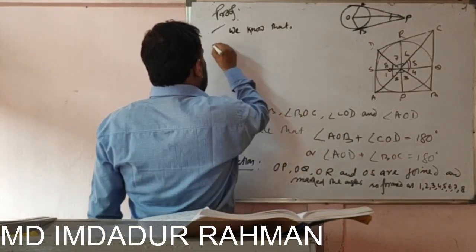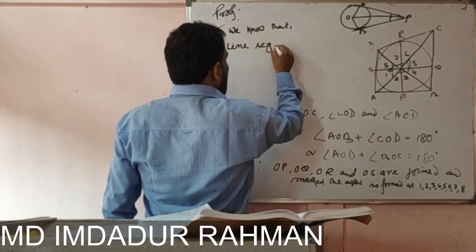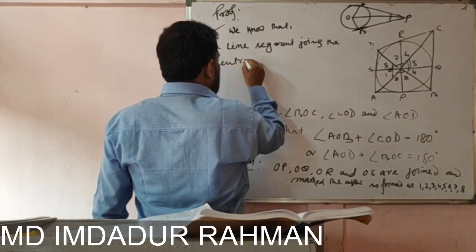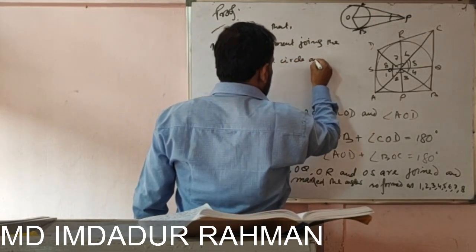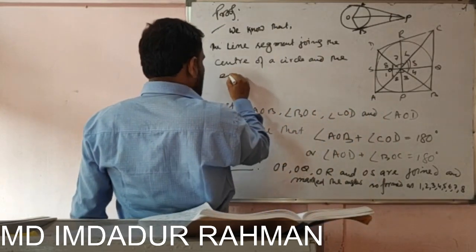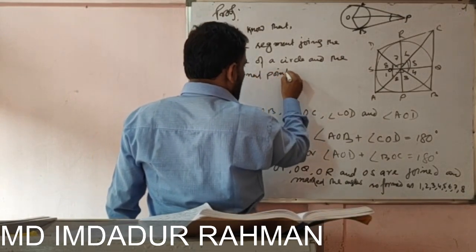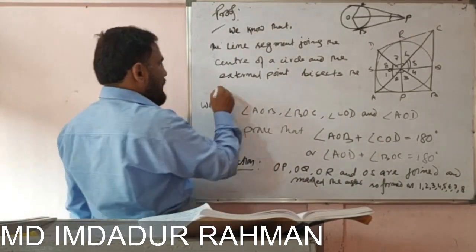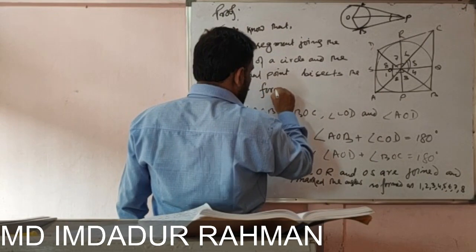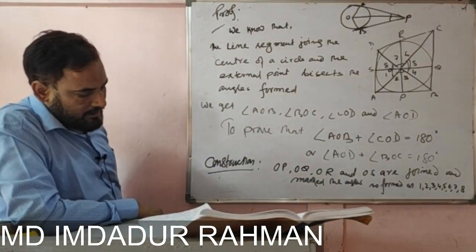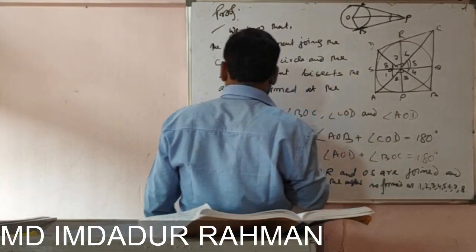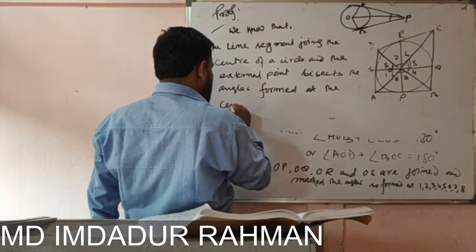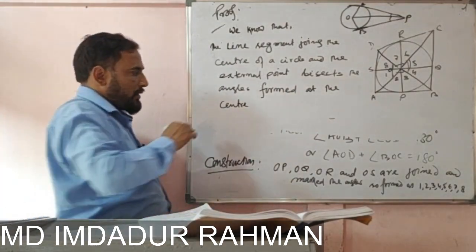So we know that the line segment joining the center of a circle and the external point bisects the angles formed at the center joining the point of contact.